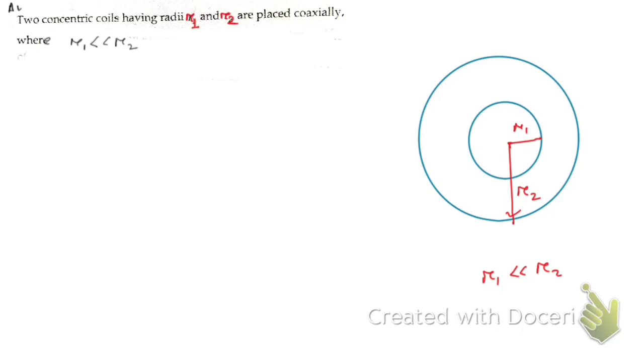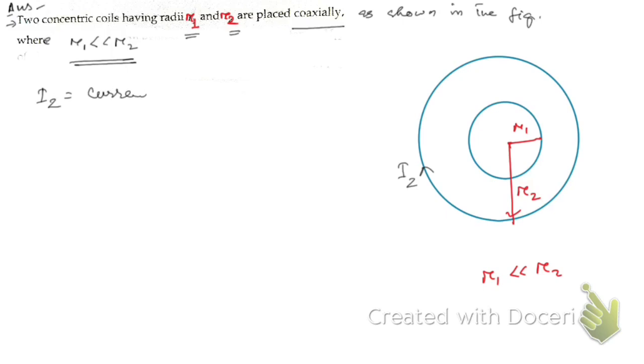So first you need to mention that two concentric coils having radii R1 and R2 are placed coaxially as shown in the figure, where R1 is very, very less than R2, okay. So let me consider that the current through this outer coil is suppose I2, okay. I2 is the current in the outer coil.